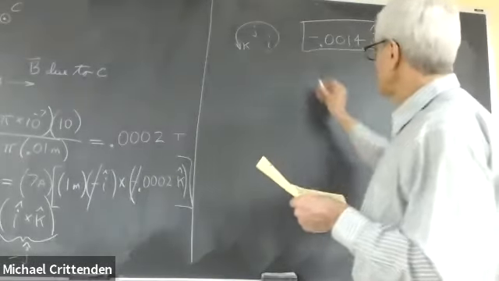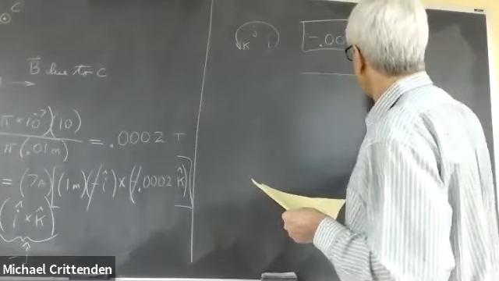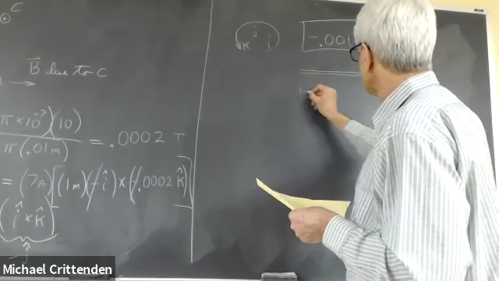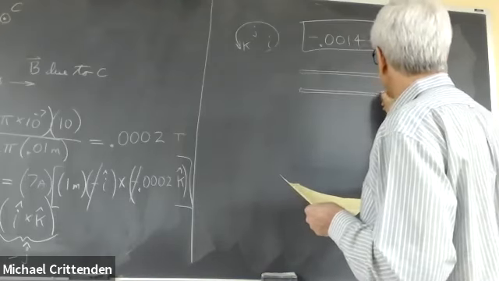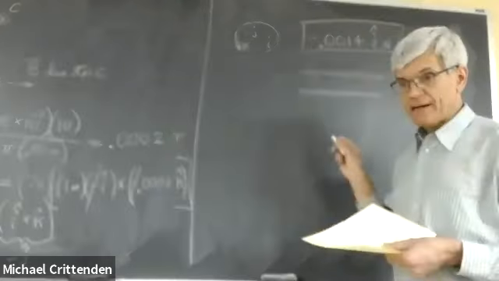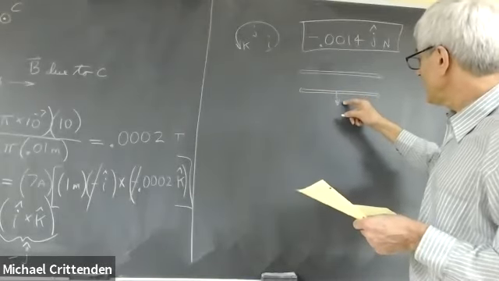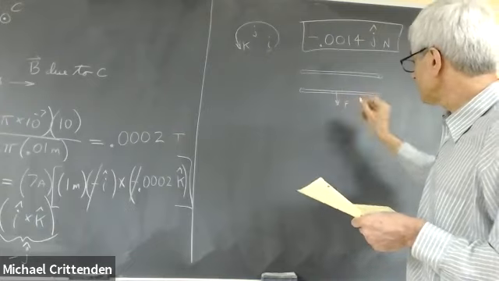So if I make a little sketch, here's the wires. Remember, it was the force on the bottom wire that I'm calculating. It turned out to be this way, the negative Y direction.